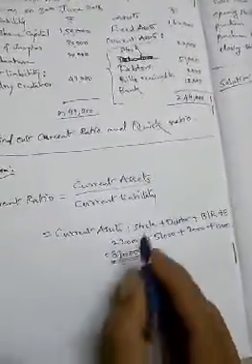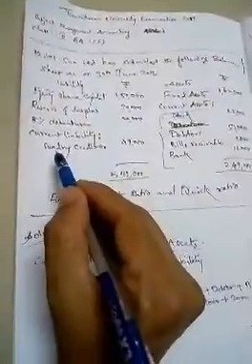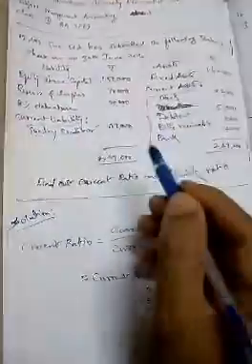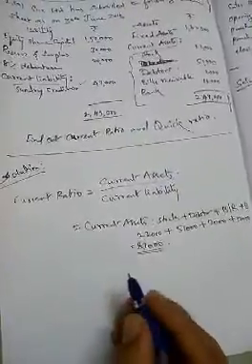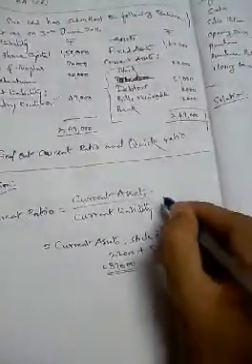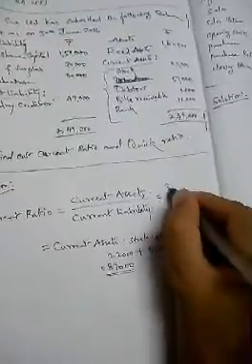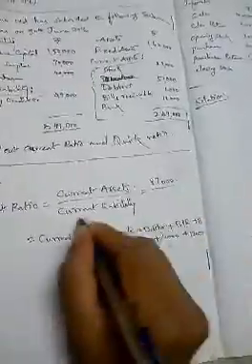Then now we go to the current liability. In the problem itself they have given the current liability. Only one item is given. So directly we go through the solution part. Here current assets we get 87,000 divided by current liability.